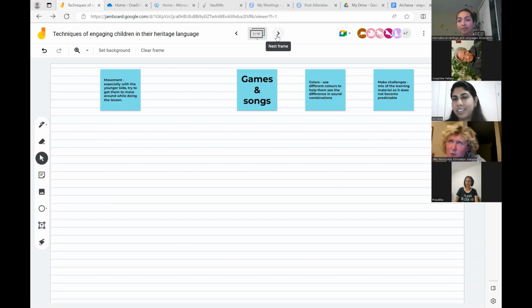Or when you want them to know what a verb is, you can play the song and tell them, tell me all the verbs that you heard in the song. Or it could be nouns, adjectives, prepositions, whatever.